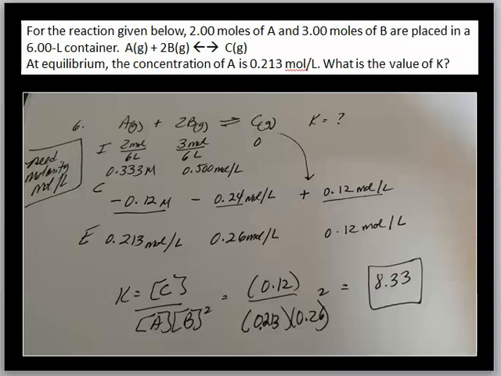So when you're given an equilibrium amount, the problem is nothing more than seeing how your initial and your equilibrium compare to decide if your change is losing reactant and gaining product. You then write your equilibrium expression, put the values in. Don't forget to square the value for B because of the coefficient, and you get a K value of 8.33.